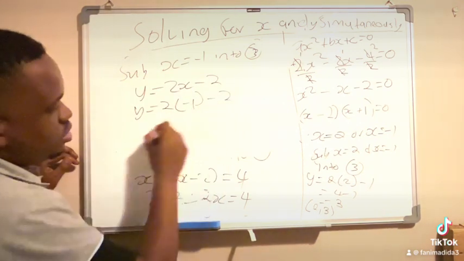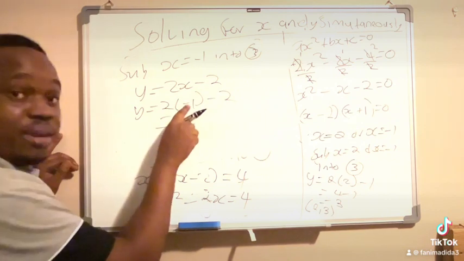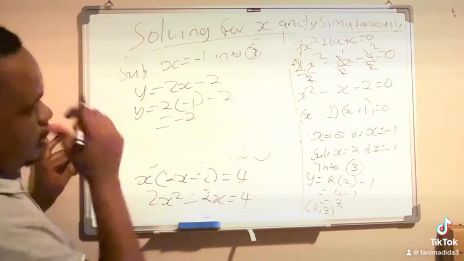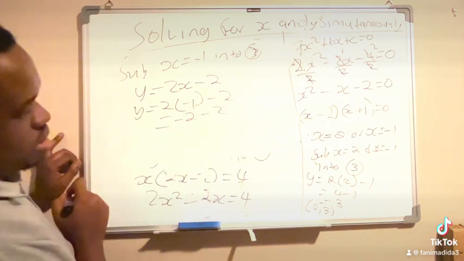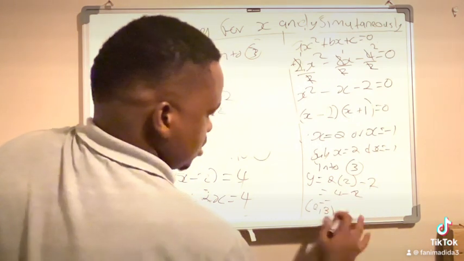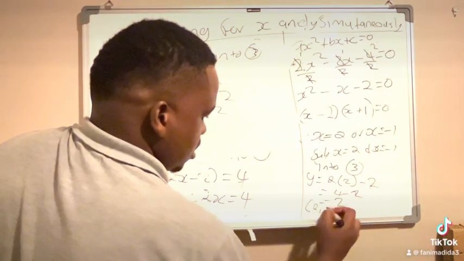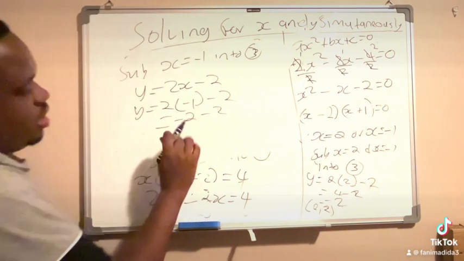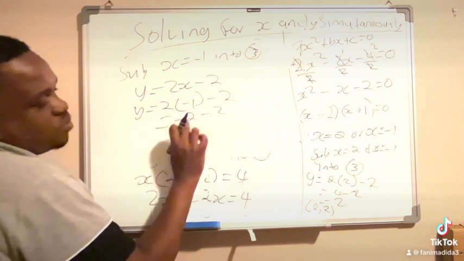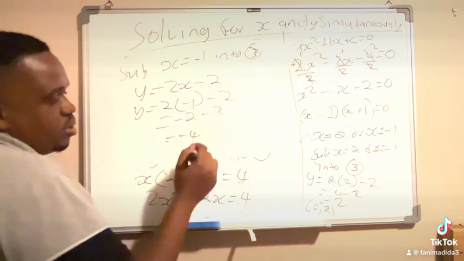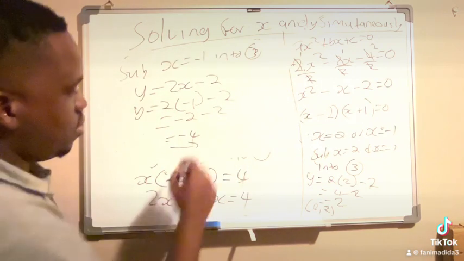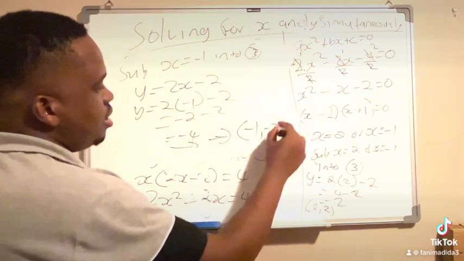So y is equals to 2 multiplied by negative 1 is negative 2, minus 2. Then negative 2 minus 2 is negative 4. So it means that you're going to have negative 1 and negative 4.